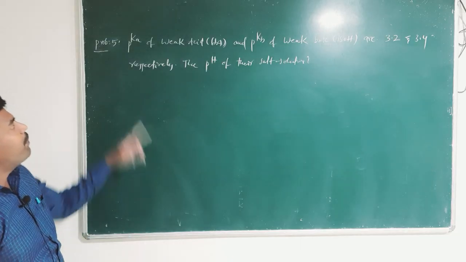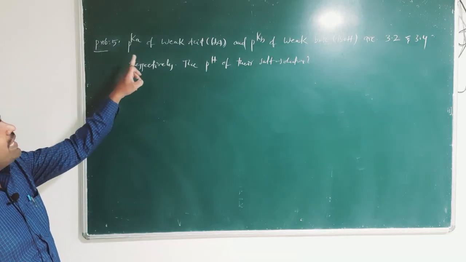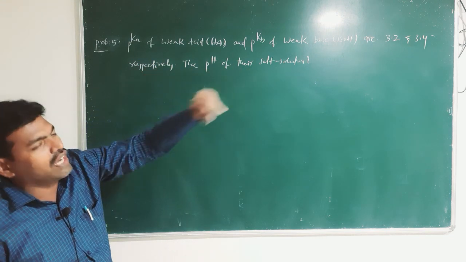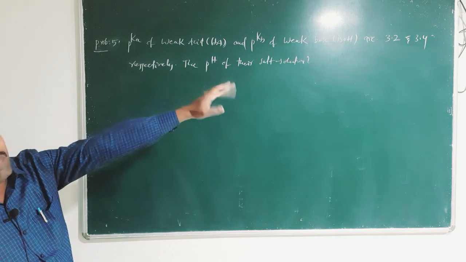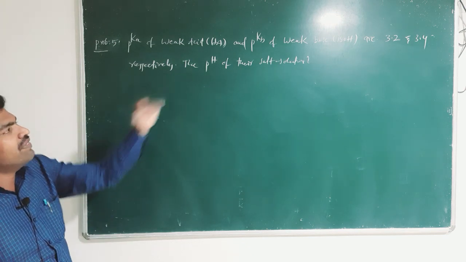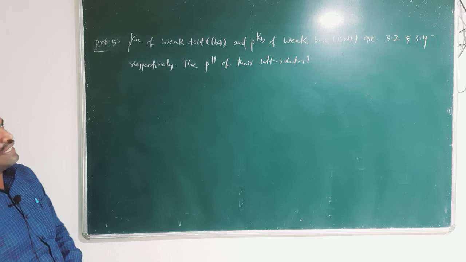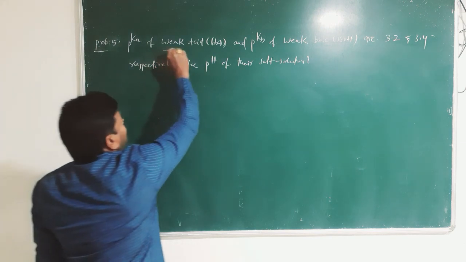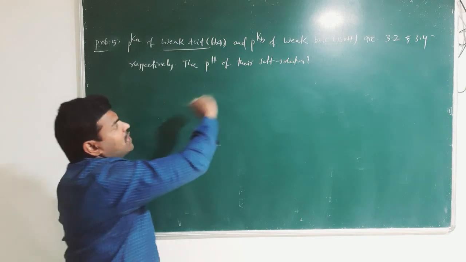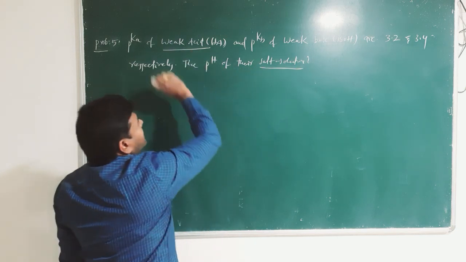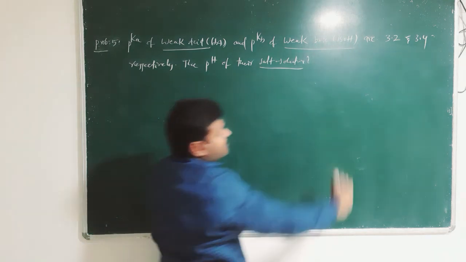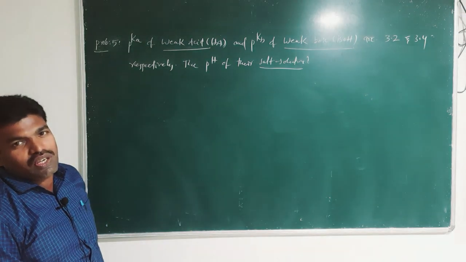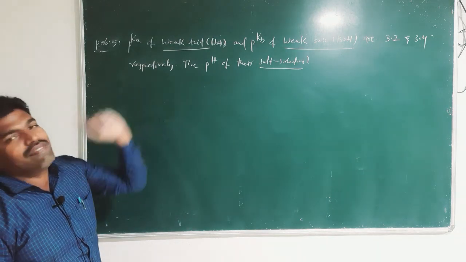Okay, and problem 5 is: pKa of weak acid HA and pKb of weak base BOH are 3.2 and 3.4 respectively. The pH of their salt solution is. By reading this problem, I came to know that this is a salt solution derived from weak acid and weak base. So we have a formula to calculate the pH of a salt solution derived from weak acid and weak base.